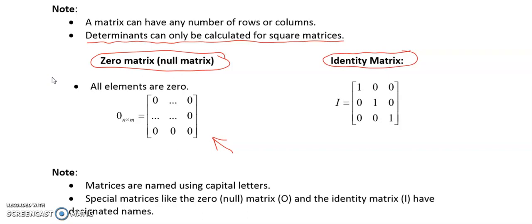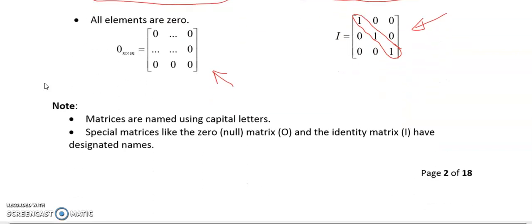The identity matrix, if you look carefully, has to be a square matrix, and it's basically composed of all zeros except for down the main diagonal, or the major diagonal, from the top left to the bottom right. That's all ones. Everything else is a 0. So this is what we call the identity matrix. And this actually plays a role in some of the calculations that we'll be doing in this unit right here.